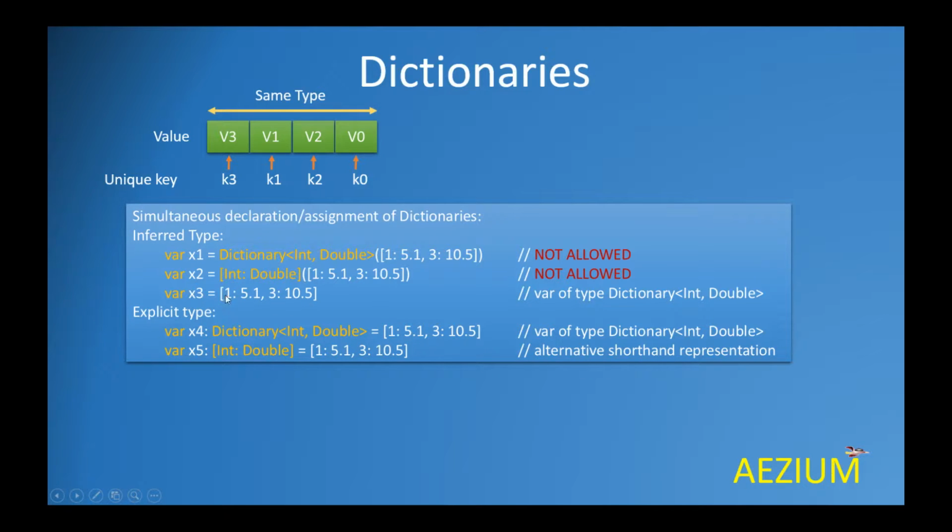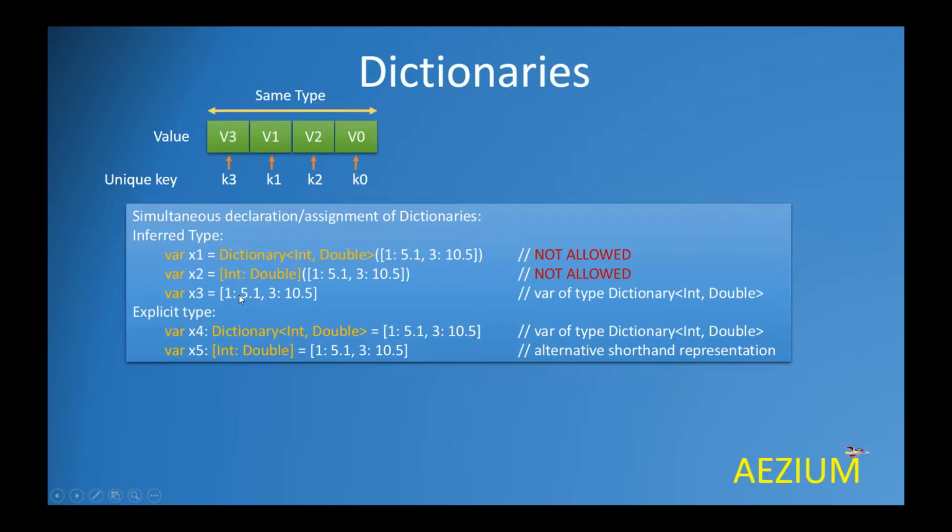Then Swift, by seeing this initialization value, realizes that okay, it's dealing with a dictionary, so x3 is of type dictionary, and then by looking at the types of the key value pairs, Swift realizes that the type of key, in this case integer, and the type of value is double.